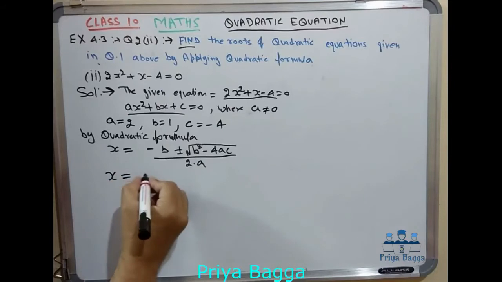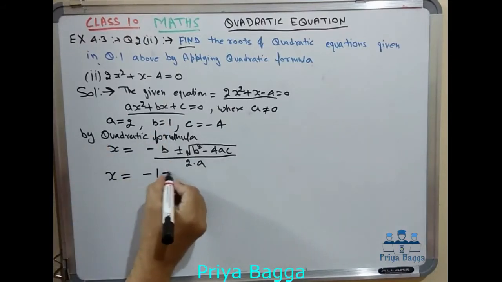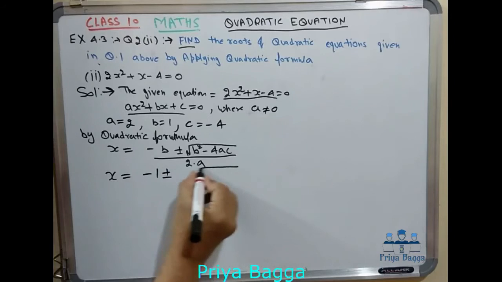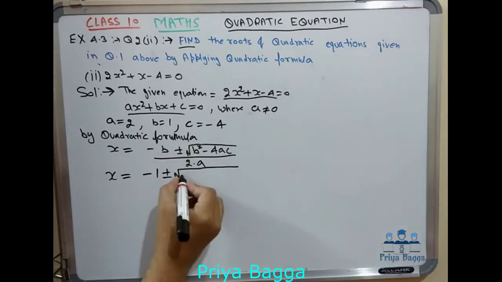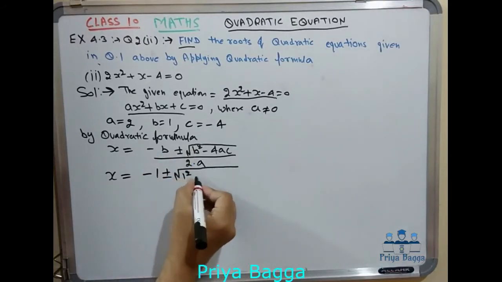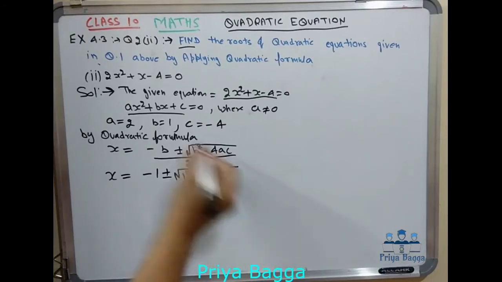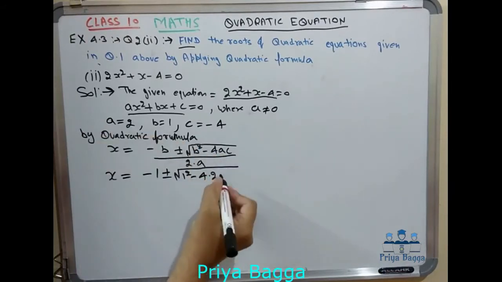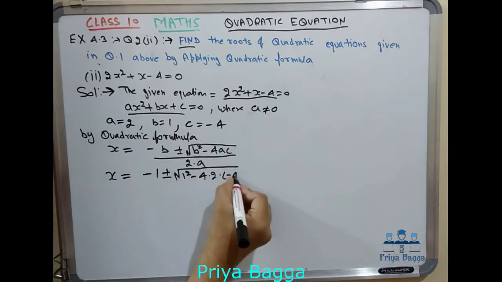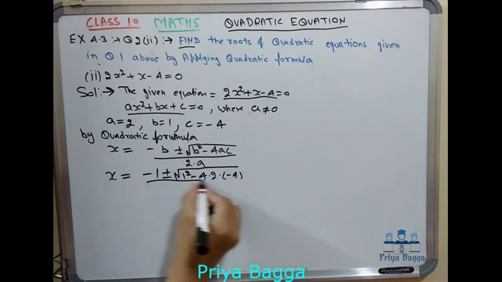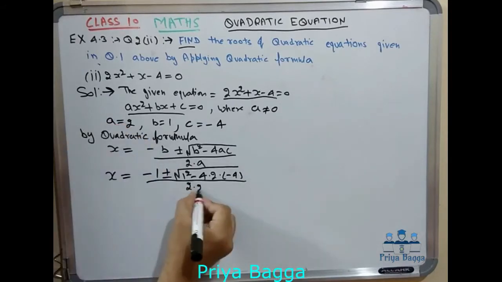So x is equal to minus b. The b is 1, so I will put here minus 1 plus minus square root of b square, again your b is 1, so 1 square, minus 4 into a is 2 into c is minus 4, divided by 2a, 2 into a, the value of a is 2.